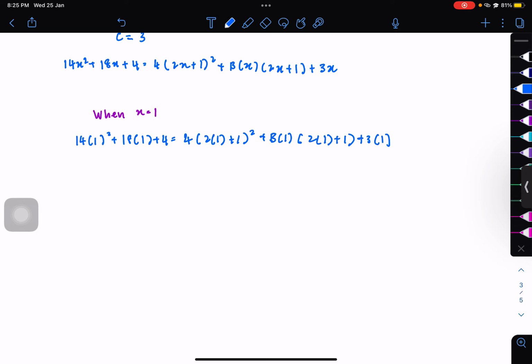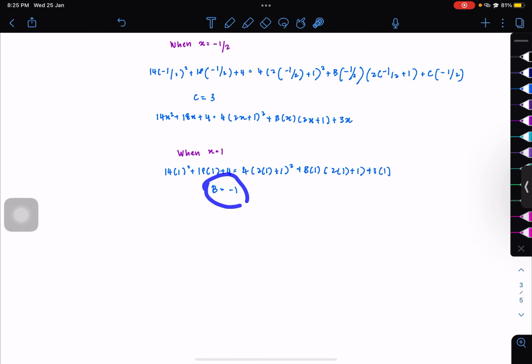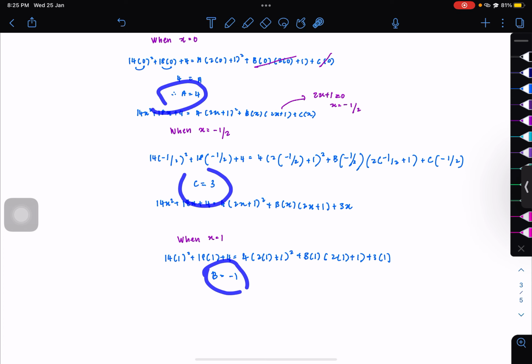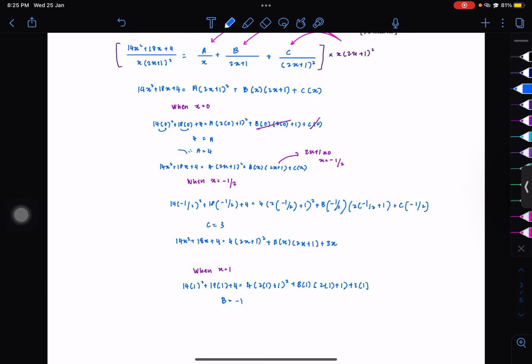So now, kita akan dapat sebenarnya nilai B nanti, and you will get negative 1. So all the constants that you have, you already found the value. So you just masukkan saja ke dalam this equation balik. Maksudnya, A tu kepada 4, B tu kepada negative 1.